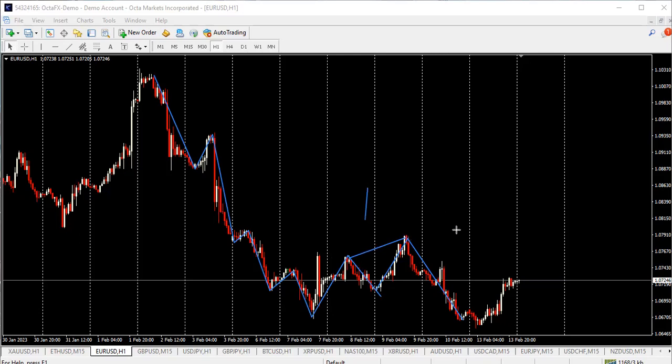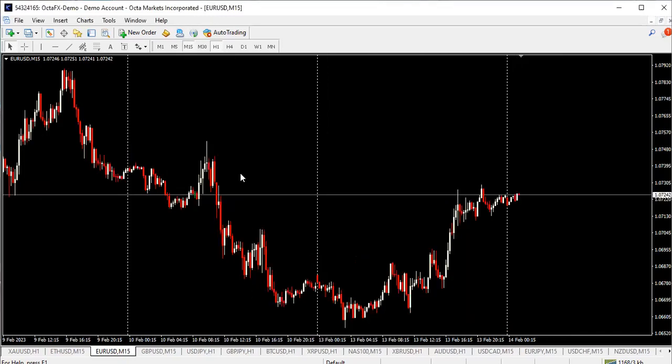If you go to the 15-minute time frame, you get it clearly on the 15-minute time frame. Let's add on the 15-minute time frame. Okay, now the 15 time frame.